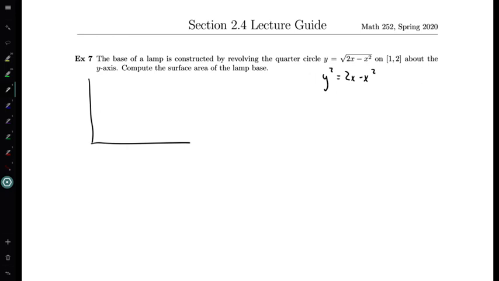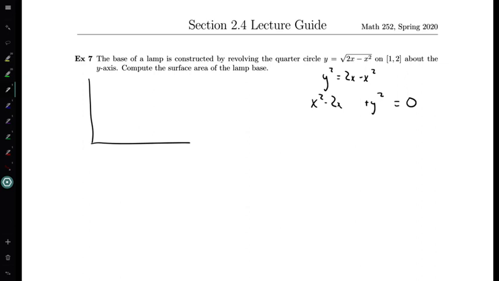And moving everything to the same side of the equation, we get x squared minus 2x plus y squared equals 0. And what I want to do here is complete the square in order to get this looking like x plus or minus something squared plus y squared equals something.